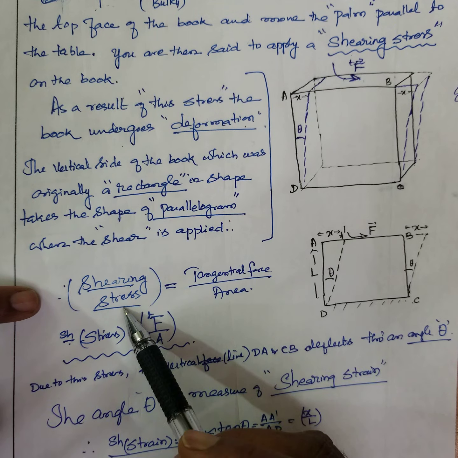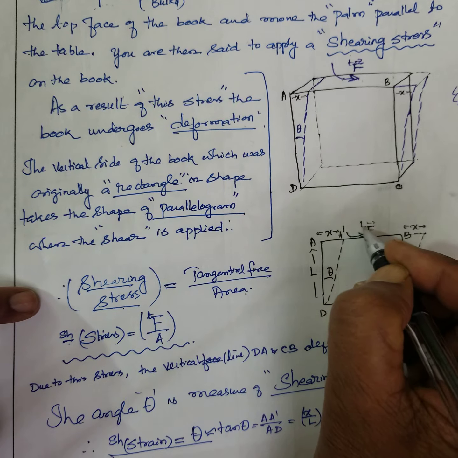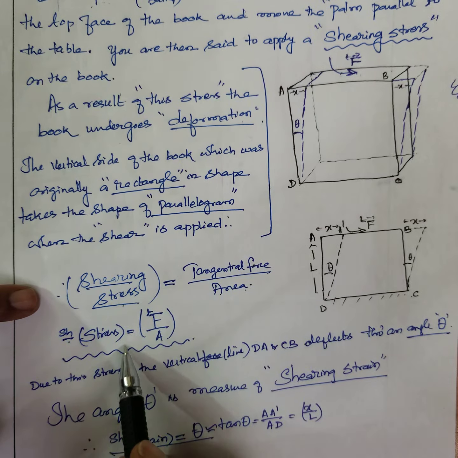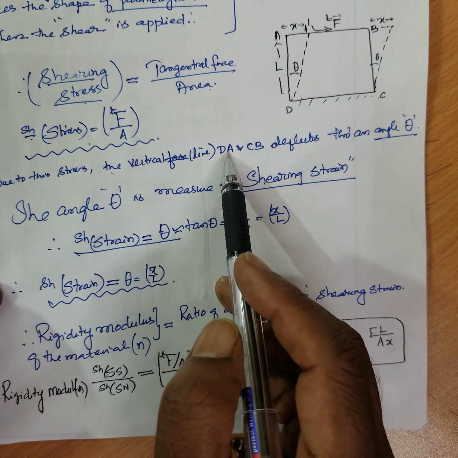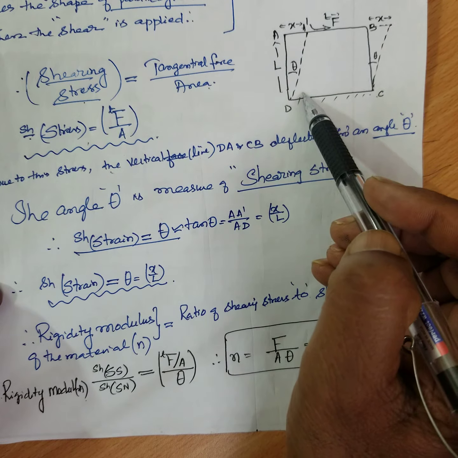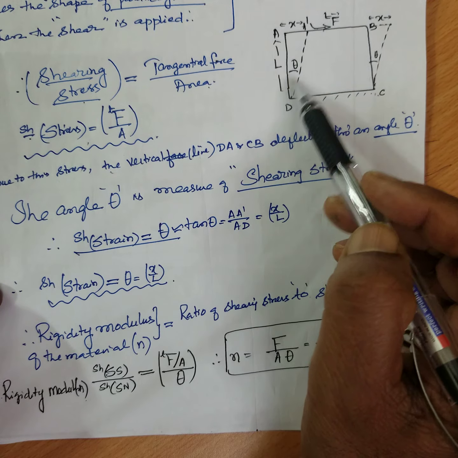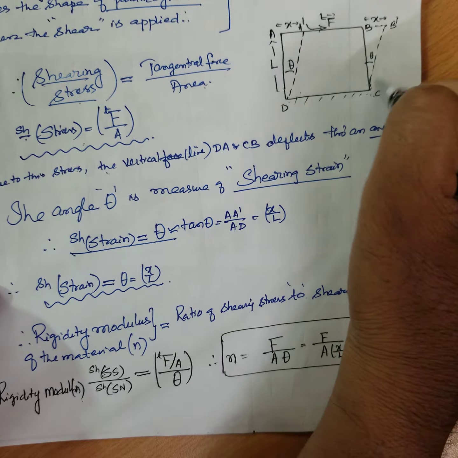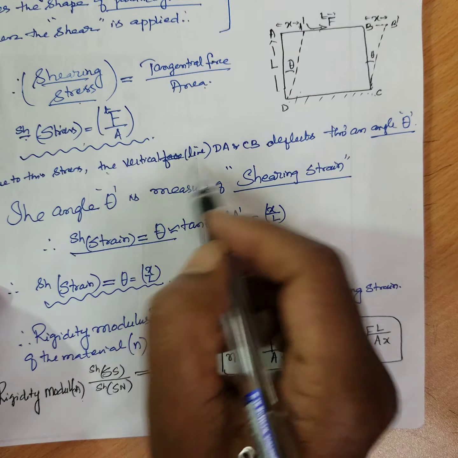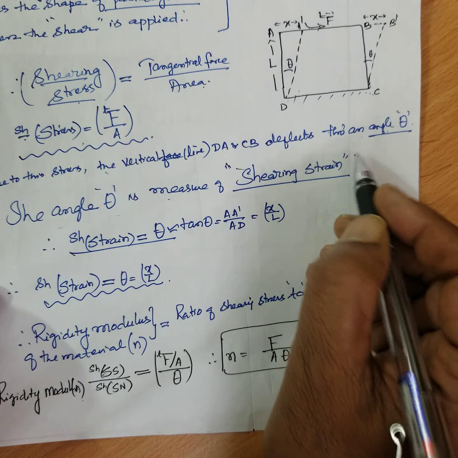Shearing stress is tangential force per unit area. Due to the stress, the vertical side AD displaces to DA dash, and CB displaces to CB dash, through an angle theta. The theta is a measure of shearing strain, or simply shear.